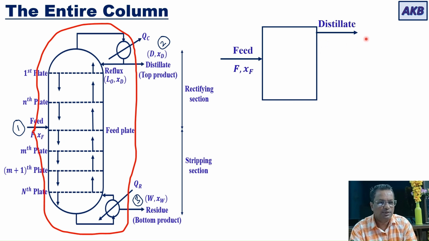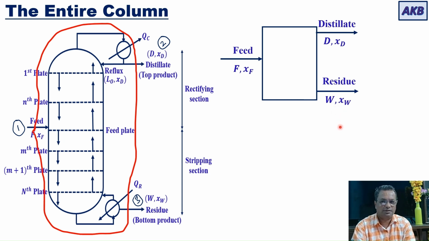Then distillate will be coming out at the top, D and XD. And at the bottom, you are taking a residue, W and XW. Now, the task is simple. We are going to consider the total material balance and the material balance for the more volatile component.